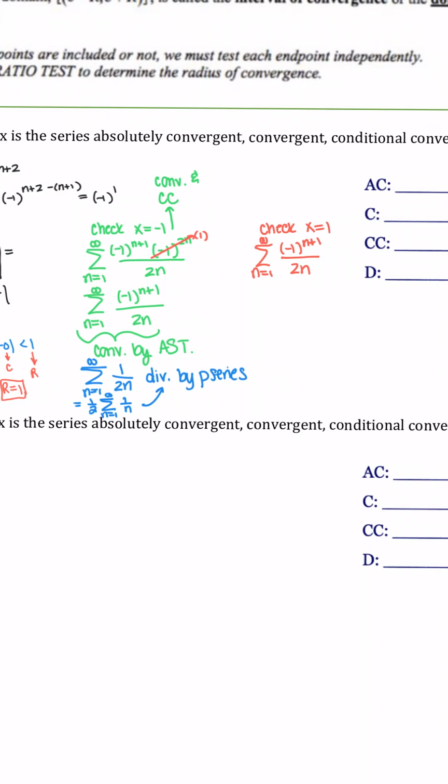And here I can see I get the same exact thing that I had here. So there's no need to do the work again. I know that this is going to converge by the alternating series test, but it is conditionally convergent because if I take the absolute value of the series, that will not converge.